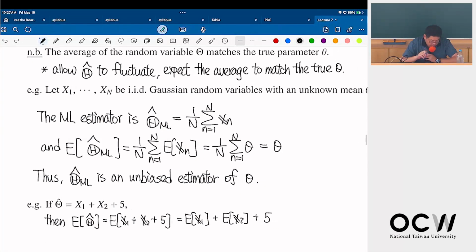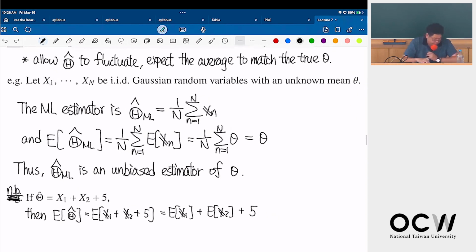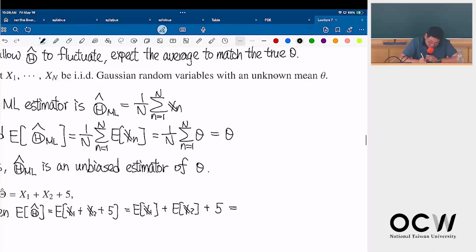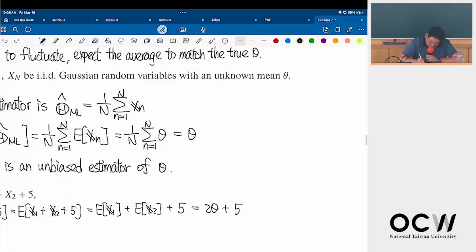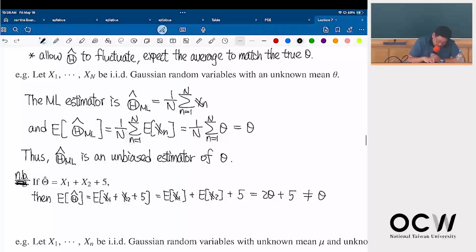I think it's better to have a note, because we still think that x is IID Gaussian. Then we have 2 theta plus 5, and this is not equal to theta. So this estimator is biased.